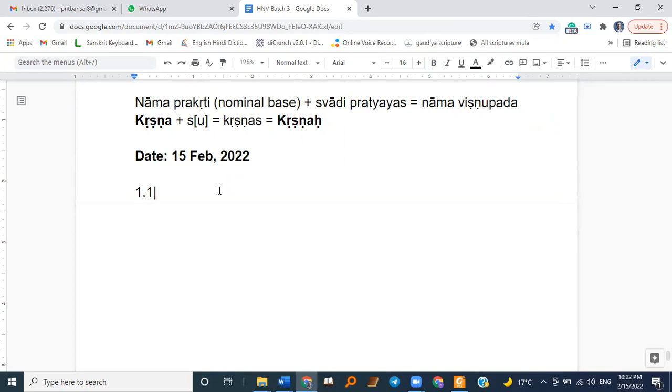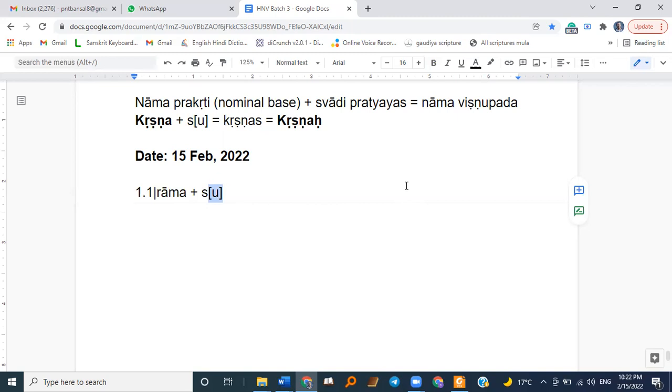Let's say I'm taking a nominal base, Rama. Then I'm putting Su, the very first pratyaya, like this. Now, when I have to decline it further, this U goes, it doesn't remain. It is not involved in the process of declension, in the formation of the final word.